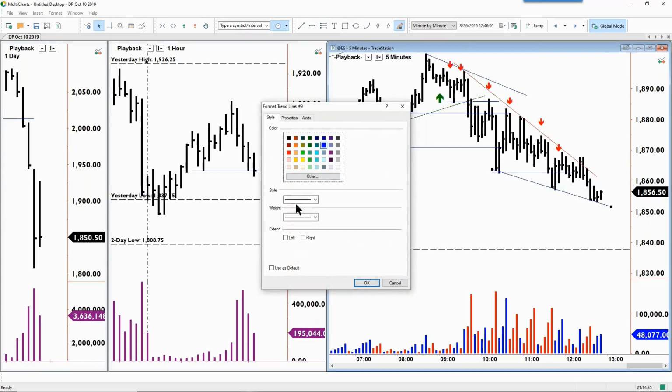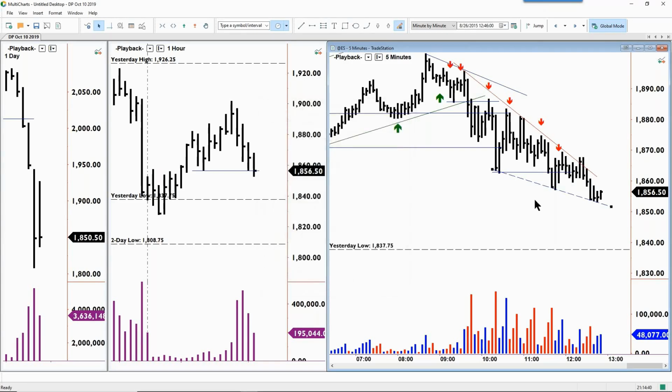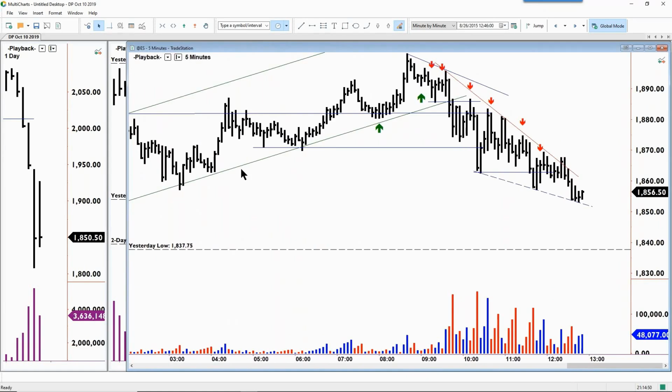And you can see that unfolding here, right? The hourly low, let's go back, see if we can find that. Whoops. I'll get that right.